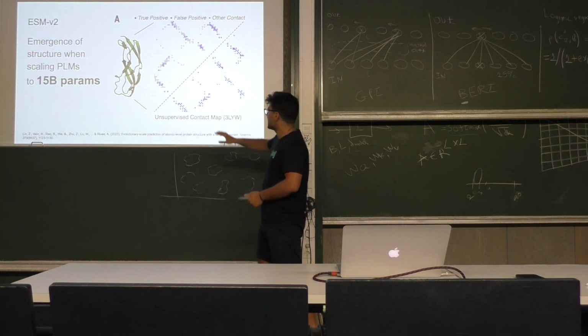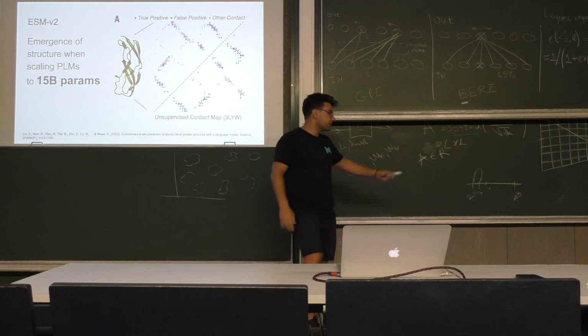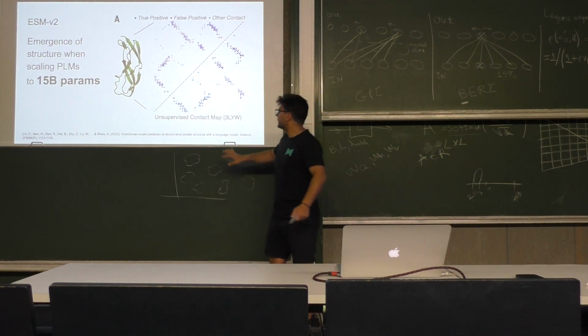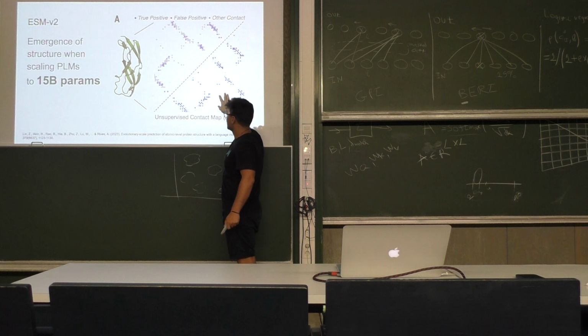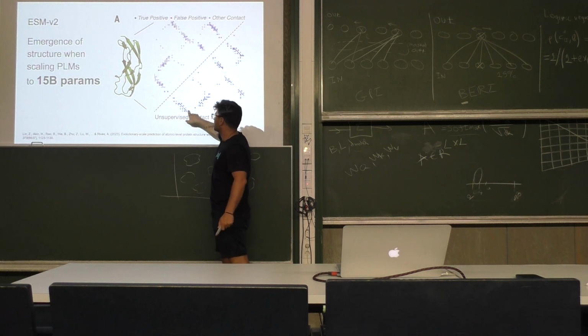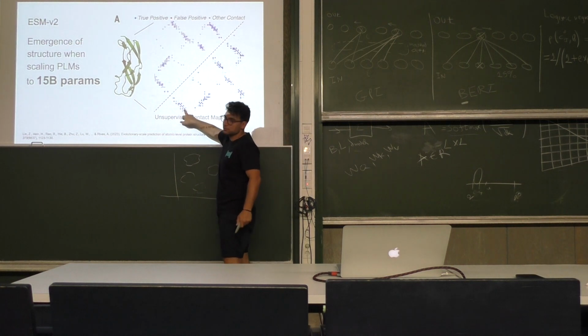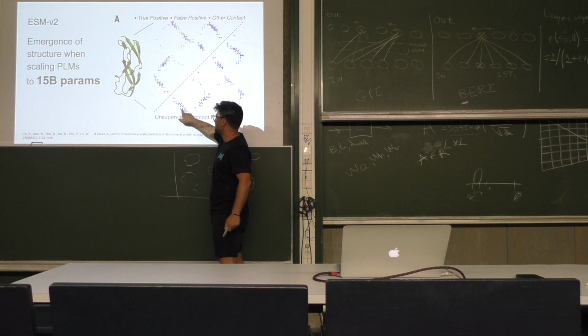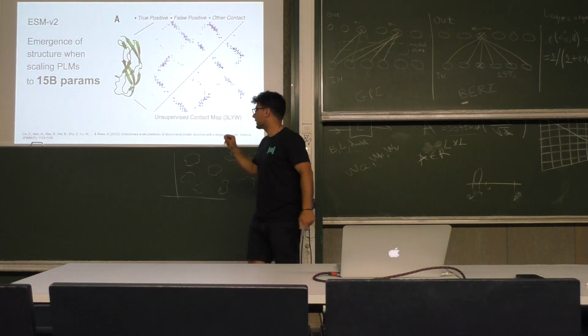So here we have this L by L matrix, but this time it's not a symmetric matrix. The lower right side is the ground truth. These heat maps of blues indicate the contact, so what binds to what. Its position ij indicates that these 2 residues or amino acids are connected.